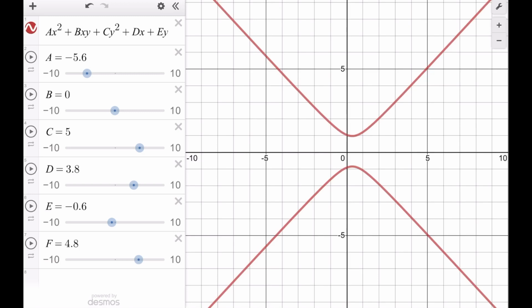Now there's one more conic section, and that is the parabola. Our parabola that we know is y equals x squared, its parent function.